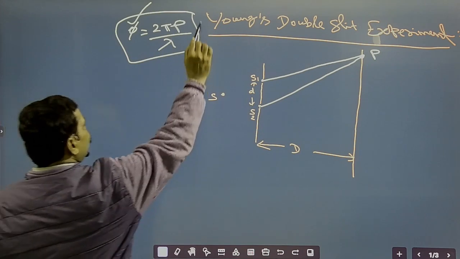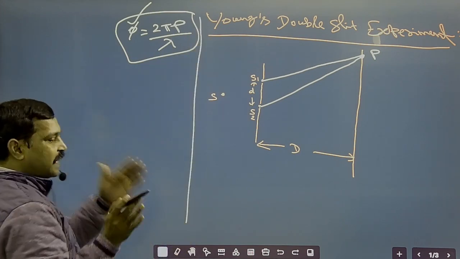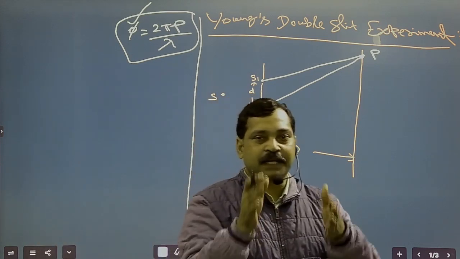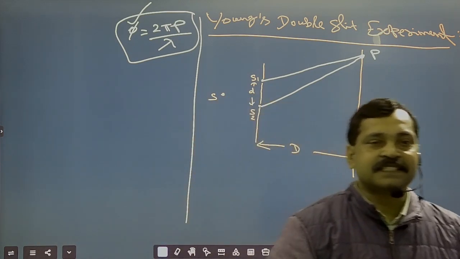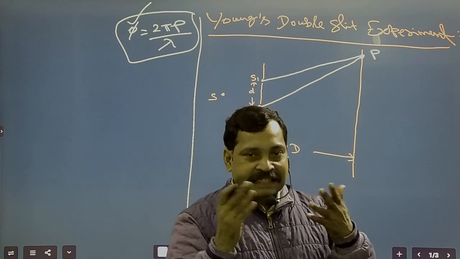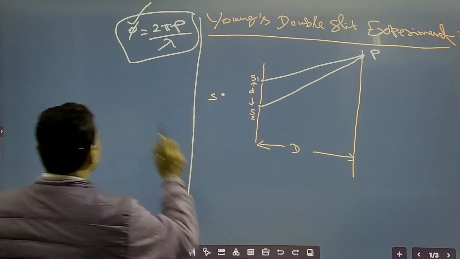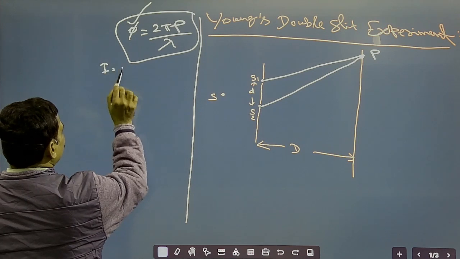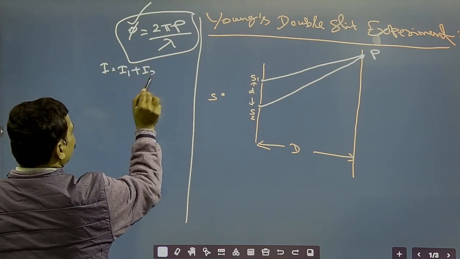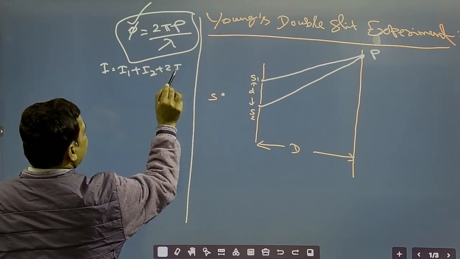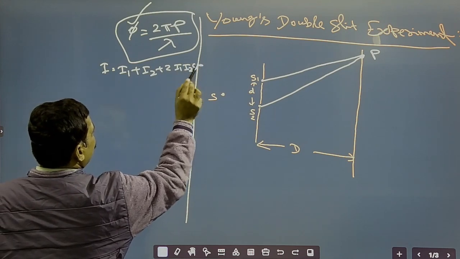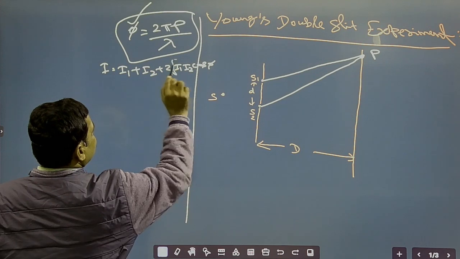Also we know that when two lights are interfering at a particular point, the resultant intensity will be I equals I1 plus I2 plus 2 times the square root of I1 I2 cos phi.